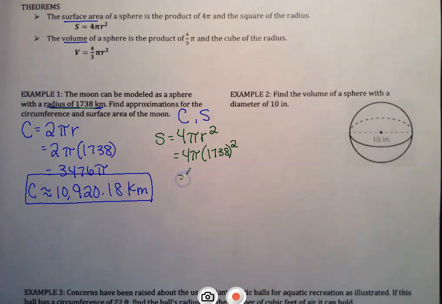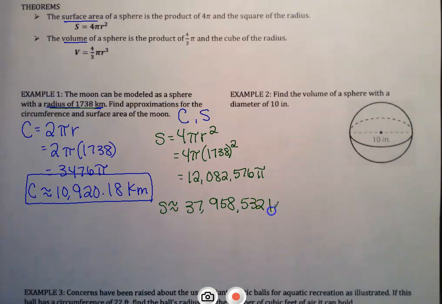So that gives us 12,082,576 pi. So our surface area is approximately, if we multiply those out, 37,958,532, and it's surface area, so that's kilometers squared.